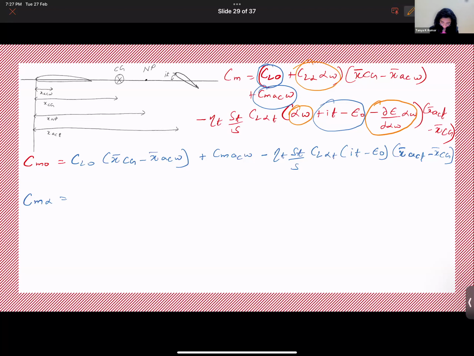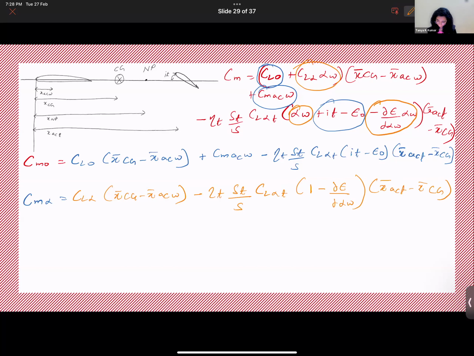So it will be CL alpha into x bar CG minus x bar AC wing minus eta tail S tail upon S CL alpha tail into 1 minus dou epsilon by dou alpha wing into the distance x bar AC tail minus x bar CG.